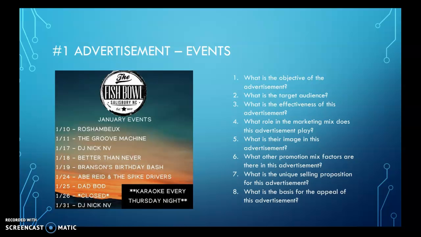What other promotion mix factors are there? Like I mentioned before, there is no product, there is no price, there is a place. The place is in the logo where it says Fishbowl, Salisbury, North Carolina, which I think is very good. And then obviously it has the promotion. You're promoting specific events. What is the unique selling proposition for this advertisement?